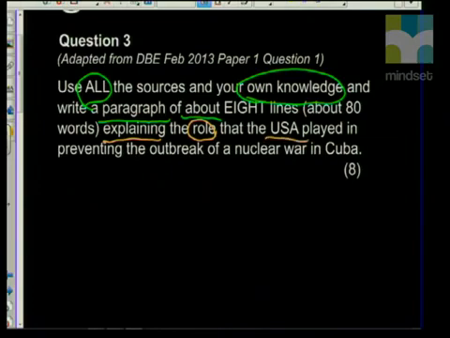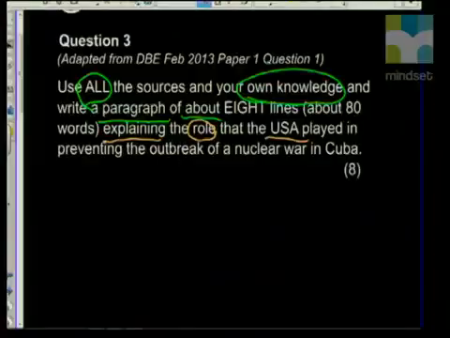Now, the question is not asking you about the role played by the USSR. So when we're analyzing the short questions, we're looking at the relations between the United States and the USSR. But this question is specifically looking at the role of the United States.